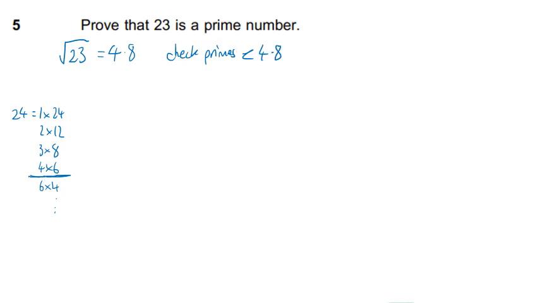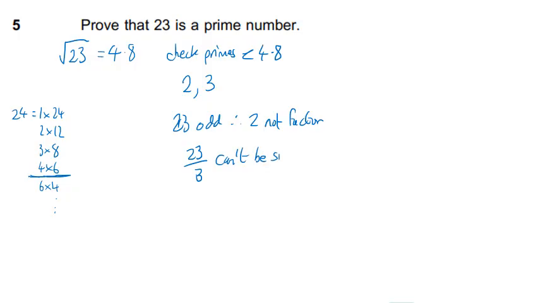And which prime numbers exist less than 4.8? Well, there's 2 and there's 3. So what we've got to check is, do 2 or 3 go into 23? Well, first of all, 23 is odd, so therefore 2 is not a factor. And if we do 23 over 3, we find that that can't be simplified.